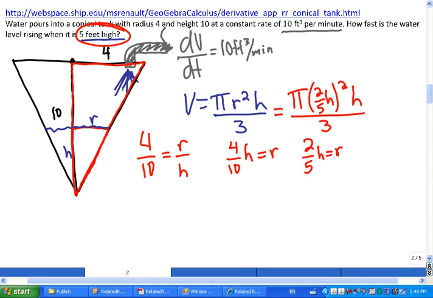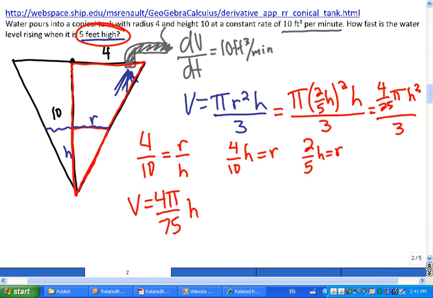Yeah? Yay, yeah, it's 4 over 25. Okay, so it's 4 over 25 pi, but we've got this pesky 3 here still. So the friendliest way, I guess, that we would want to deal with this will be 4 pi over 75 h cubed. Okay.